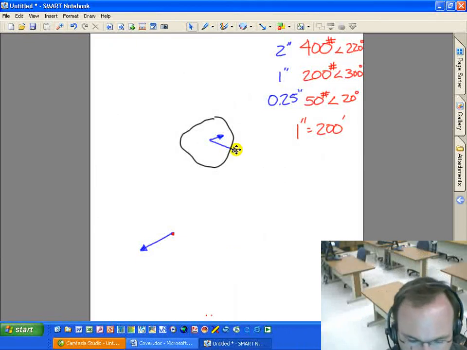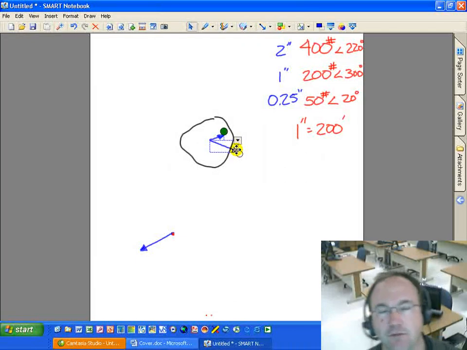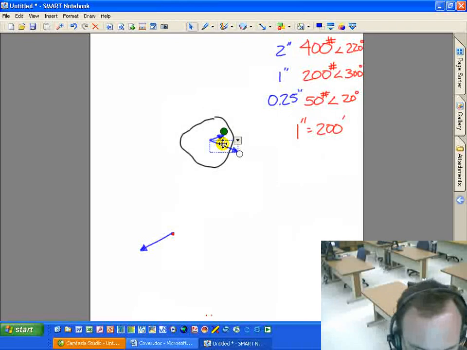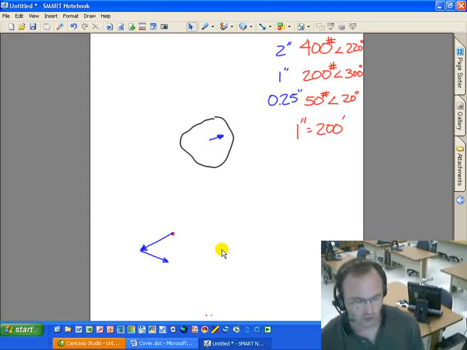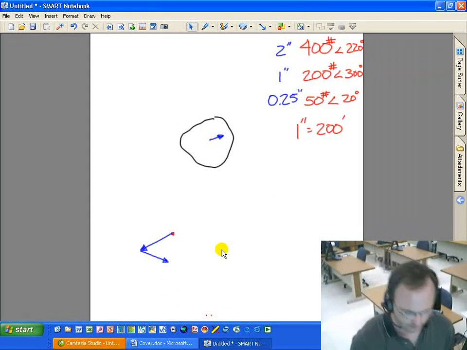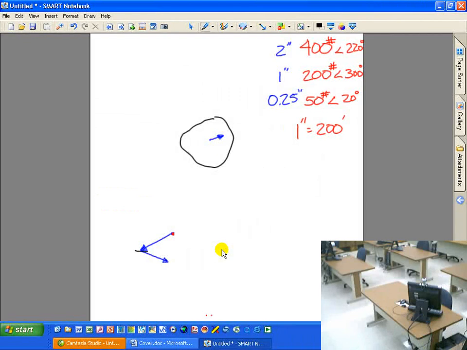Then I take the second force, and from the tip of that first force, I'll place the tail of the second, and I'll draw that 1 inch long at 300 degrees.